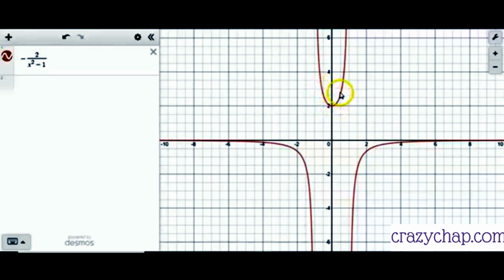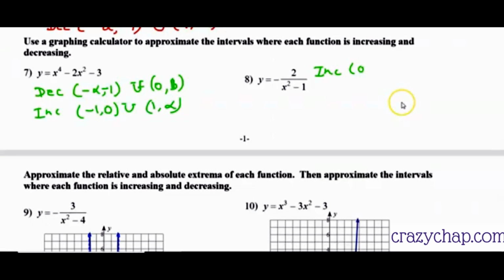And then the function is decreasing from minus infinity to minus 1 and union from minus 1 to 0.